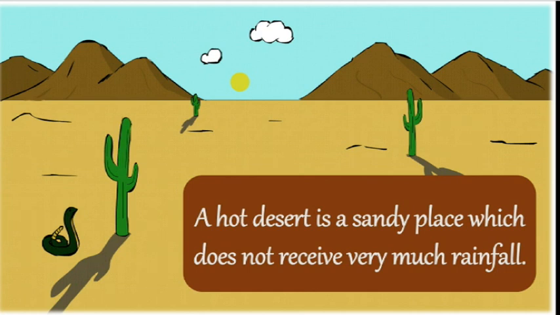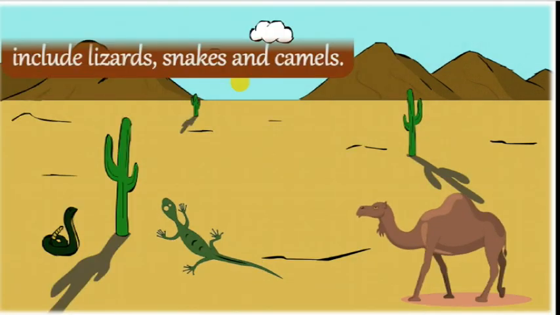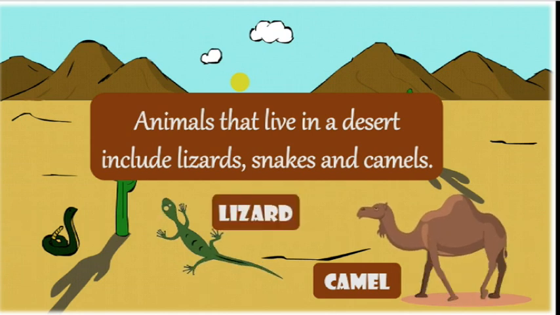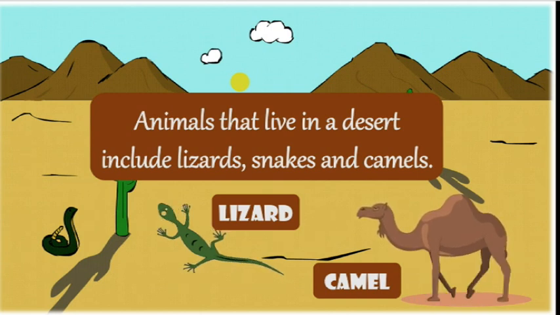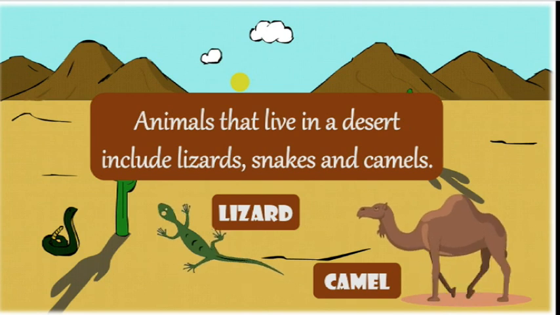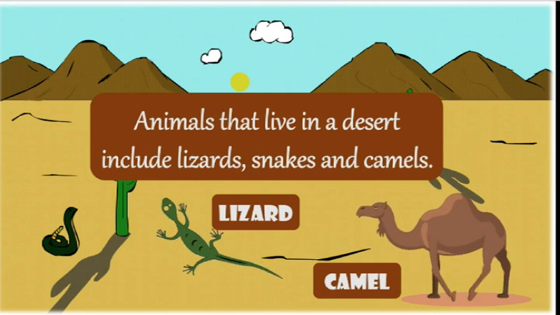Yes, a desert is a very hot sandy place and there is very little rain in this habitat. Animals that live in this habitat include lizards, snakes and camels. So these are some of the common animals that live in a desert. Can you name them again? Yes, they are lizards, yes, snakes and camels.